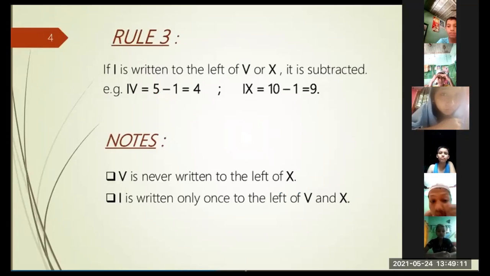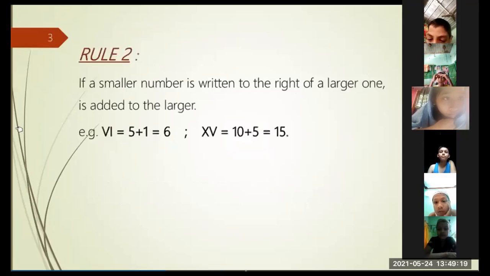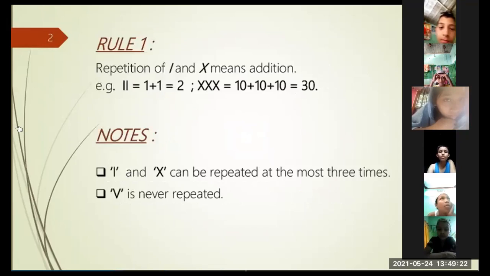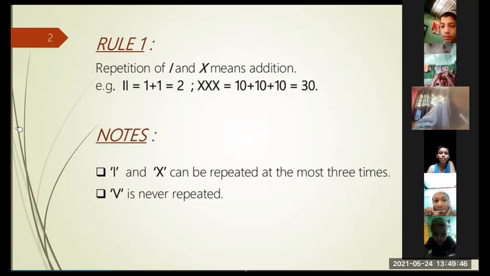The first rule is that one means I, and if there is repetition of I and X, it means addition. Yes, very good. And here we have one more point, that V will never repeat. Yes or not? Yes, sir. V is never repeated.